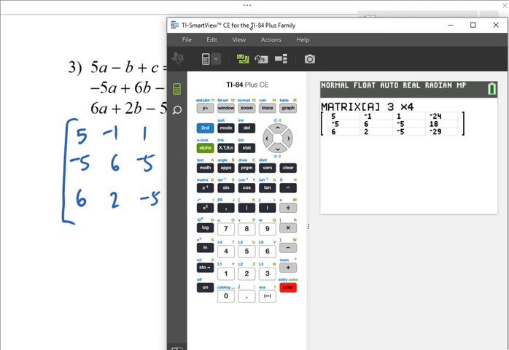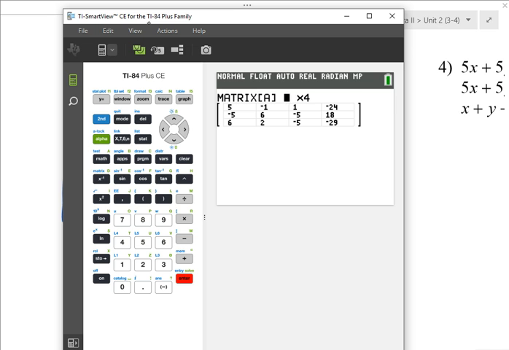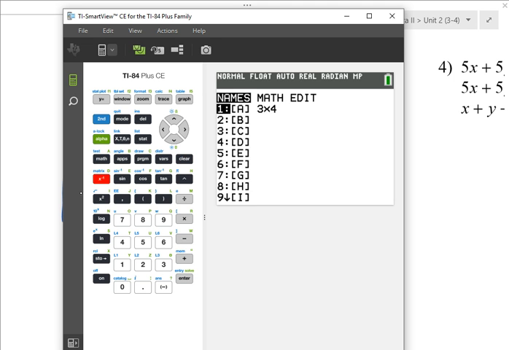Okay, so now that we have matrix A entered correctly, we're going to quit. Second quit. So that we're on the home screen. Clear anything out that's there? We want to be on the home screen. And now we'll go to the matrix menu, second matrix, and go to the middle option, which is math.